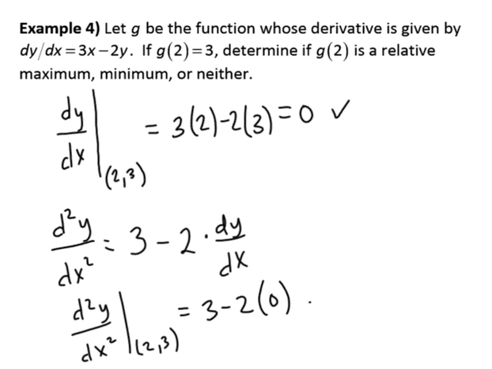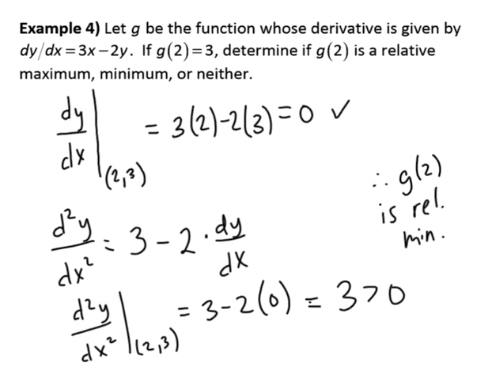So we can just plug in 0 here. We get a positive 3. Positive 3 is greater than 0. Therefore, since dy dx is equal to 0, and the second derivative is greater than 0, g of 2 is going to be a relative minimum. And again, it helps to draw a picture. So if I know that it's concave up like this, then I have a relative minimum. Okay?